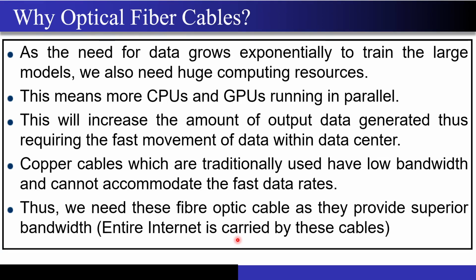So I hope you have understood why copper cables are not preferable compared to optical fiber cables, and why there is a need for optical fiber cables. They provide a very high bandwidth. You can even transmit a data rate of 50 or 60 gigabits per second through these cables.